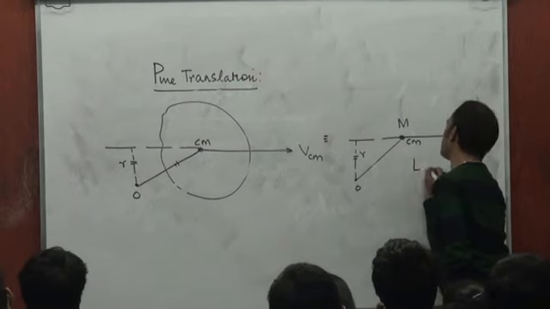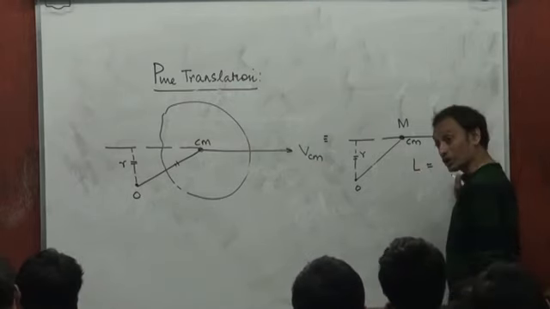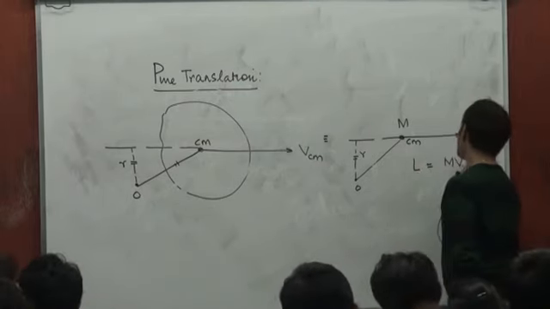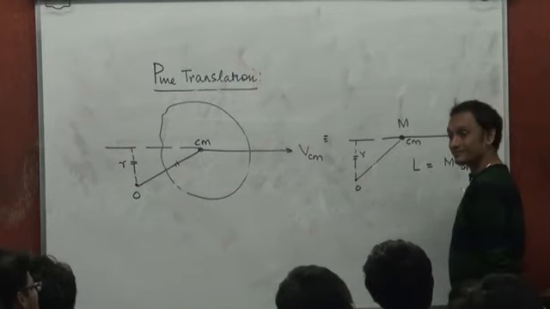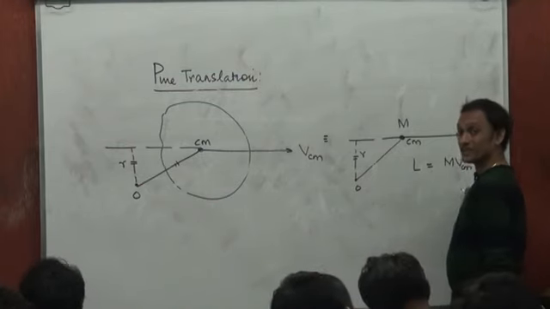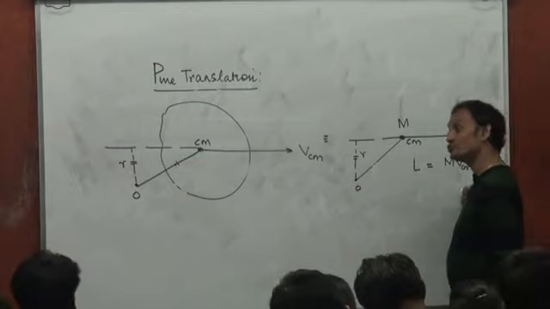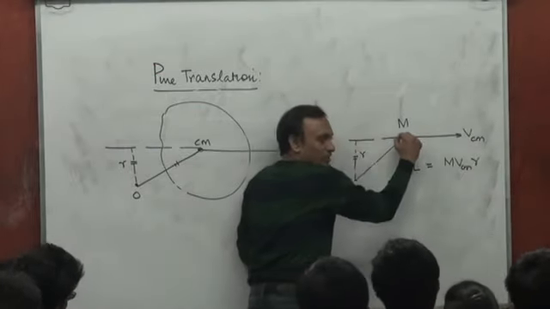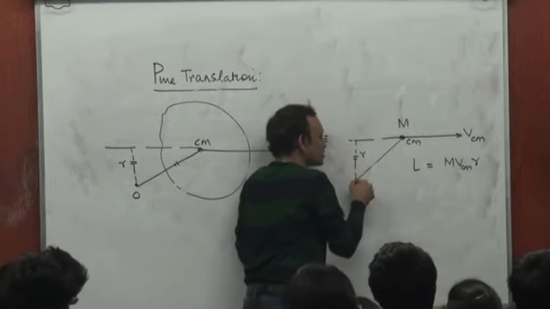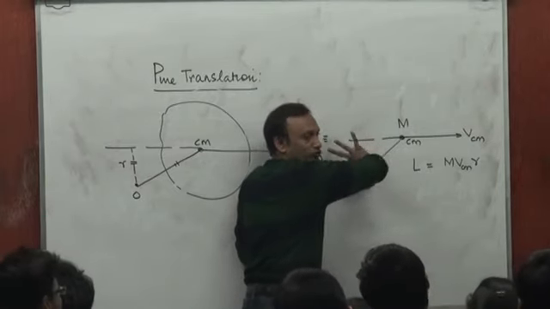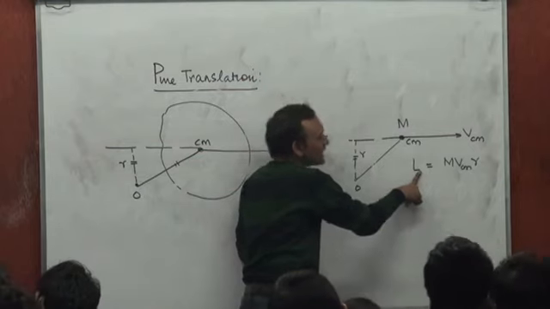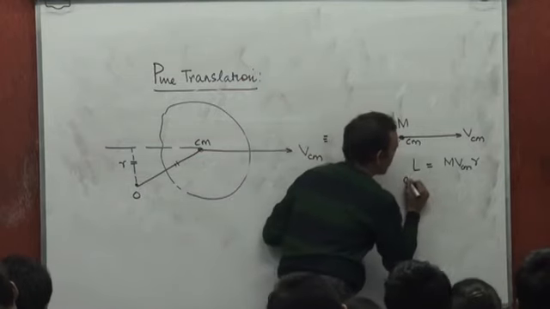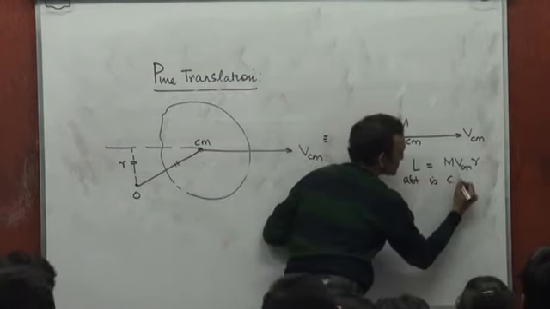So what's going to be the angular momentum here? Total mass of the collection into VCM into r. Is it clockwise or anti-clockwise about O? Clockwise. Imagine a force to be acting along VCM. Imagine this to be a rod hinged at O. This rod will rotate clockwise. So in this case, this L about O is clockwise.